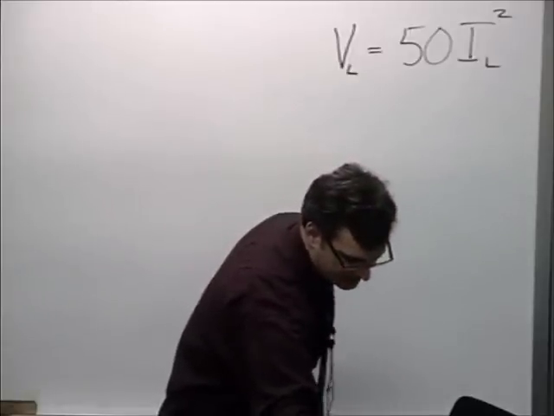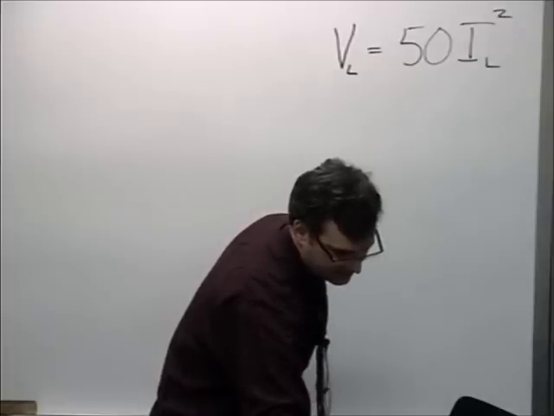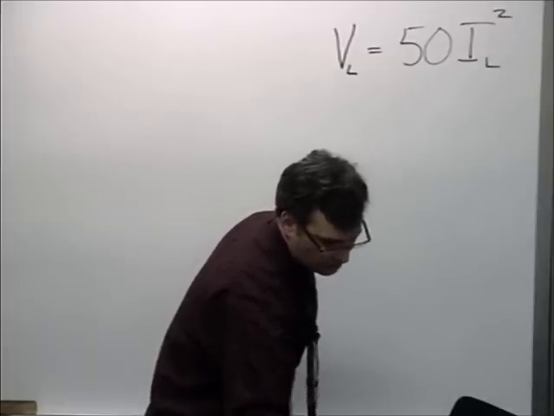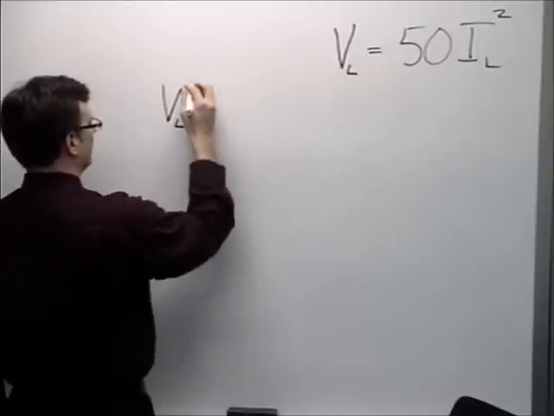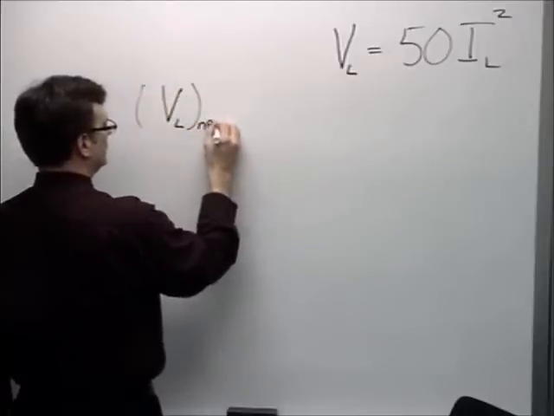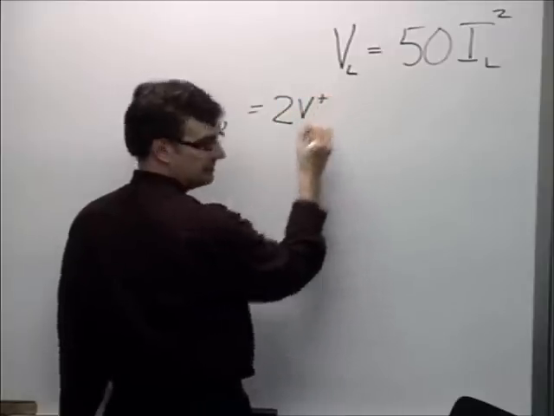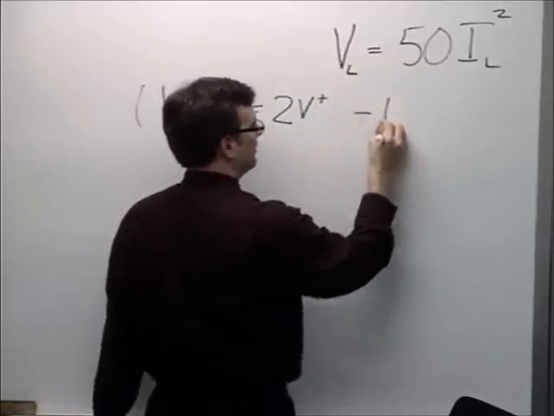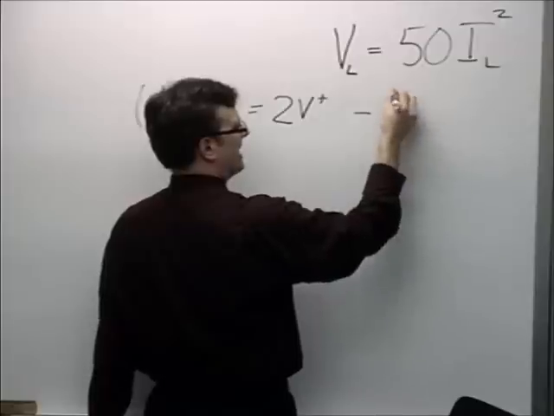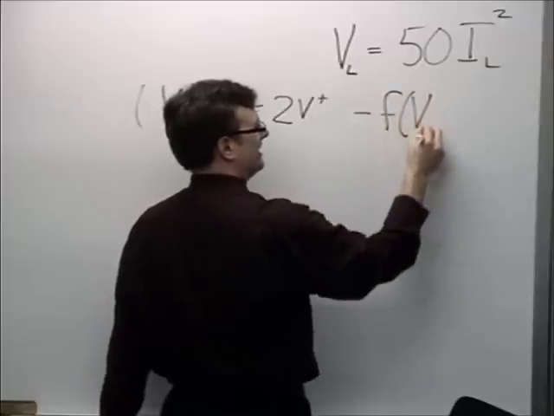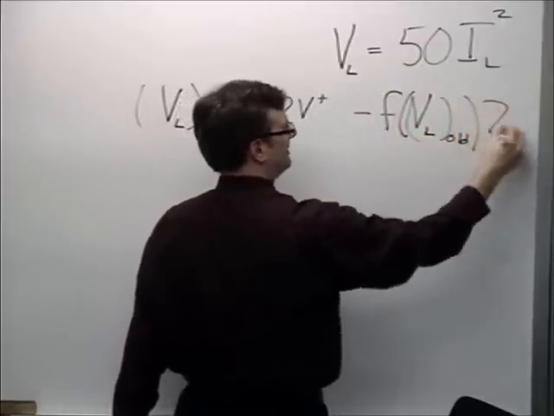One of the things that we said was you could iterate this with respect to voltages. And I put one of these equations up here. VL new is equal to 2V plus minus IL, or the VI curve evaluated for VL old, Z naught.